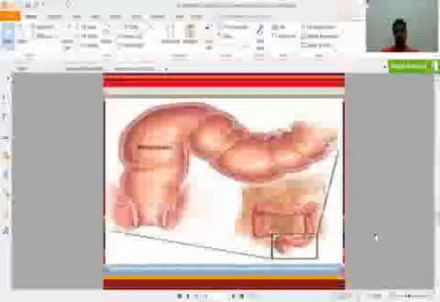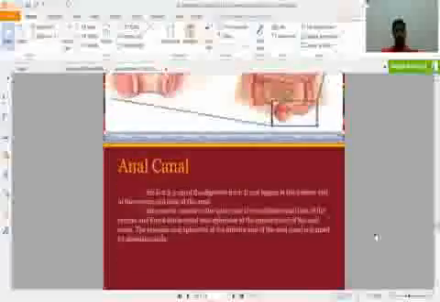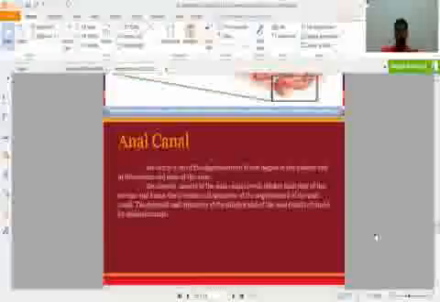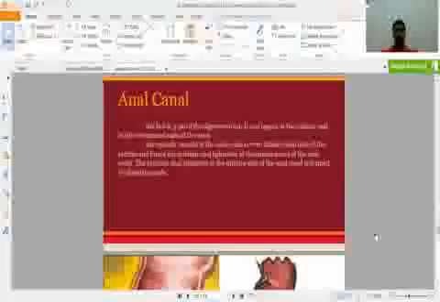Okay, students? The anal canal is the last 2 to 4 centimeters of the digestive tract. It begins at the inferior end of the rectum and ends at the anal verge. The smooth muscle of the anal canal is even thicker than that of the rectum and forms the internal anal sphincter at the superior end of the anal canal.